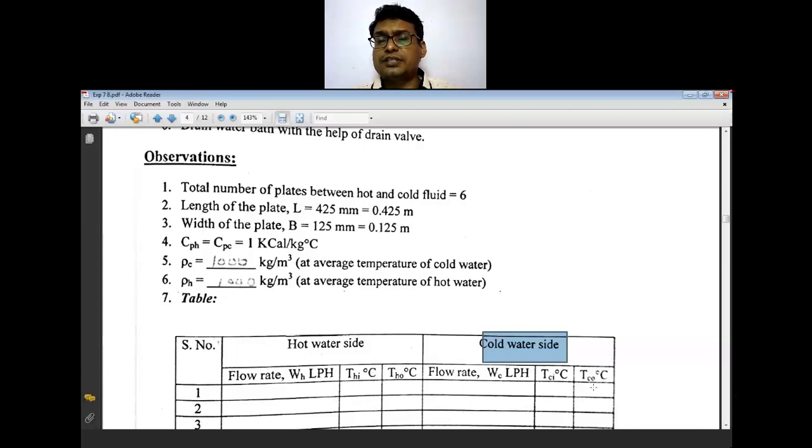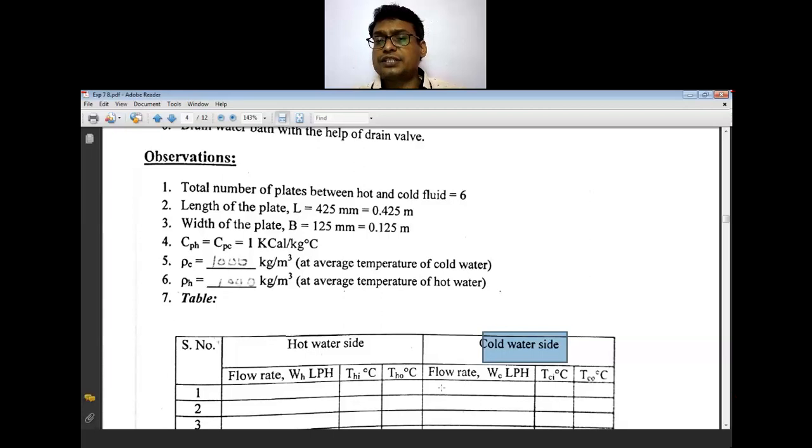So at the entrance and at the exit of the plate heat exchanger, I am going to measure these two temperatures. In general, the cold water temperature is around 25 to 30 degrees Celsius. The outlet temperature will depend on the flow rate and the temperatures of the hot water side.